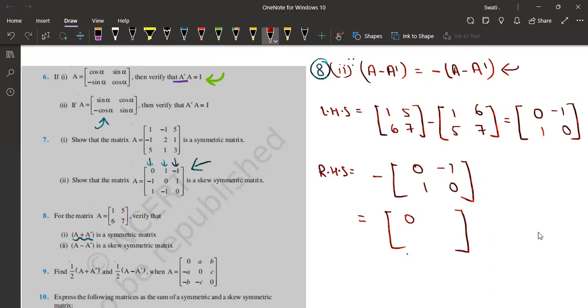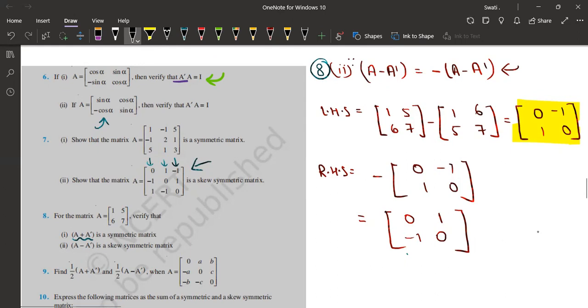Minus sign and minus 1 plus 1. Minus sign and 1 minus 1, and minus sign 0 is 0. And now you can see that this matrix is exactly, okay. 1 second. So we have A minus A transpose and negative of A minus A transpose, right?